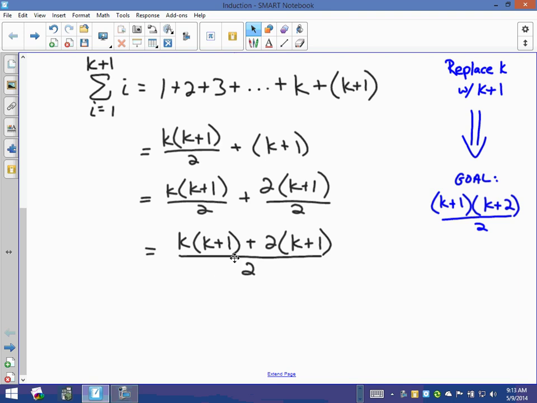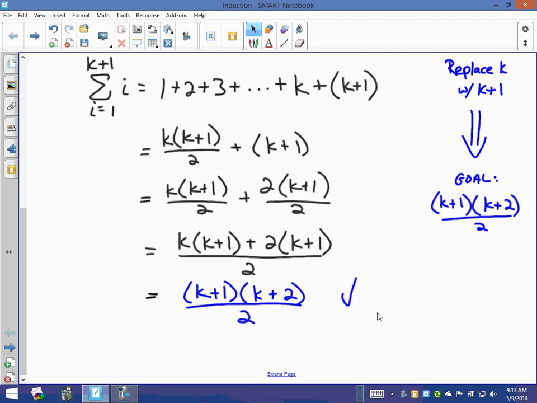If they were not the same, we would have to distribute and then combine like terms so that we got a trinomial, and then we would factor that trinomial. But luckily, we can just factor out the common k plus 1, and that leaves the k and the plus 2 behind, so that becomes the other parenthesis. And you'll notice that is exactly what we're looking for, so therefore, we've met our goal for the second step.